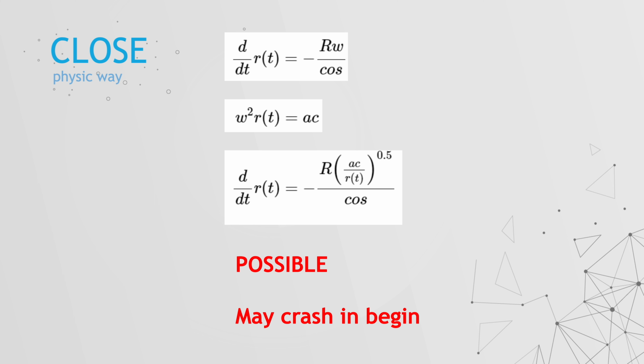And this is possible because we solve this equation and the time is less than 1 second, but it may crash the pillar in the beginning, so this system is not really stable.